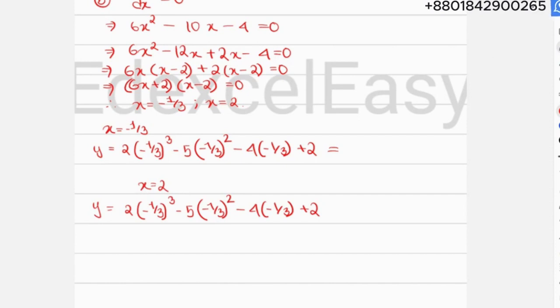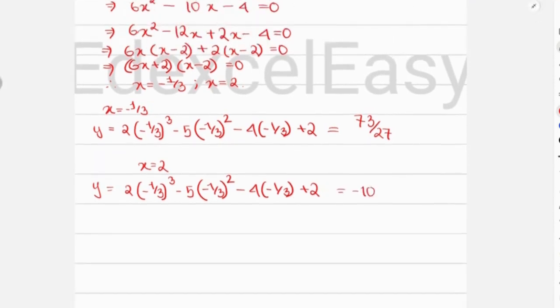So you actually get 73 over 27 for this part. So for the first case, the y value is going to be 73 over 27. And then again, if you do the same equation with 2, you're going to get minus 10.